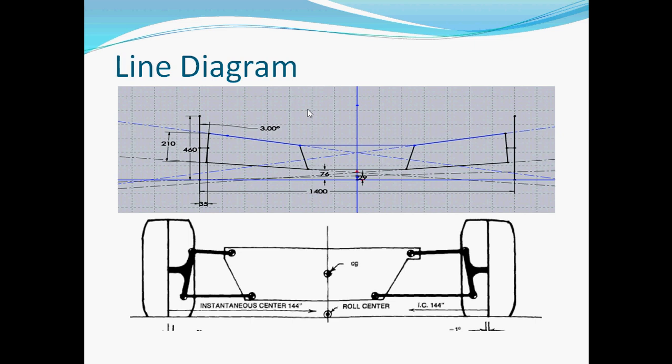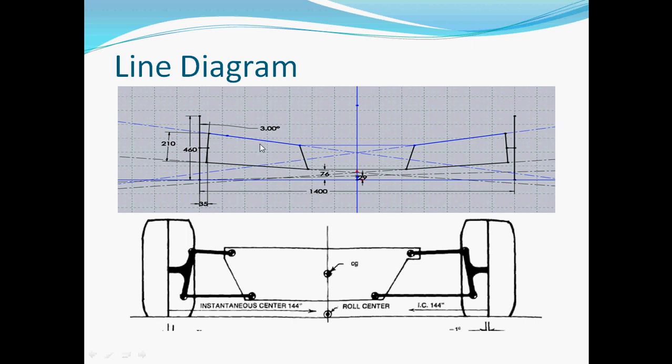See, below is the cut section of a car. Okay, and if you join everything with a line, like if you join the upper ball joint to the lower ball joint with a line, if you represent the whole wheel with a center line, if you join the chassis mounts and the upper ball joint with a line, and similarly for the lower wishbone, you will get a line diagram.